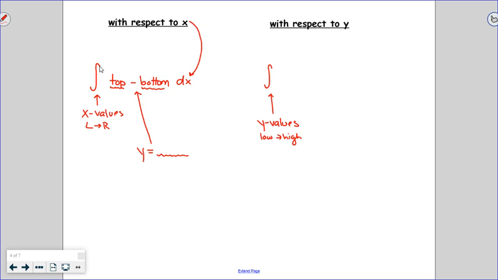And if we were to have more than one function as we are doing that, we would go right function minus the left function. And these functions right here need to be written with x solved for, or in terms of y. So it would say x equals some function with a y in it, and those would go here. And we would say that we are integrating with respect to y.